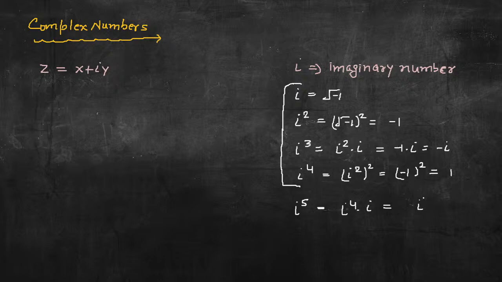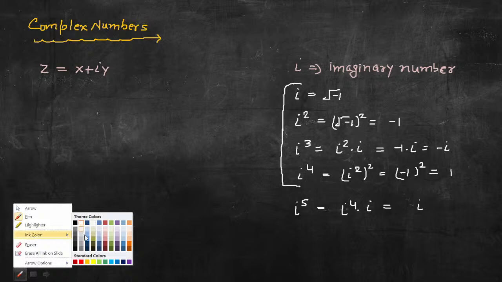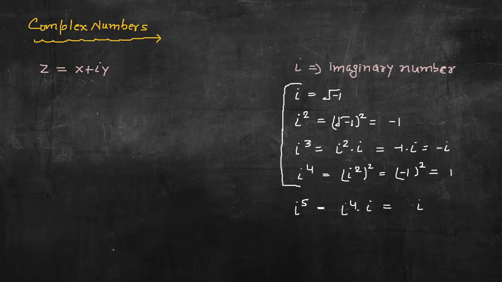But from the exam point of view, not every time will you see this kind of easy part of iota. So for one example, first you have to calculate iota raised to power 135. What will be the value of iota raised to power 135?